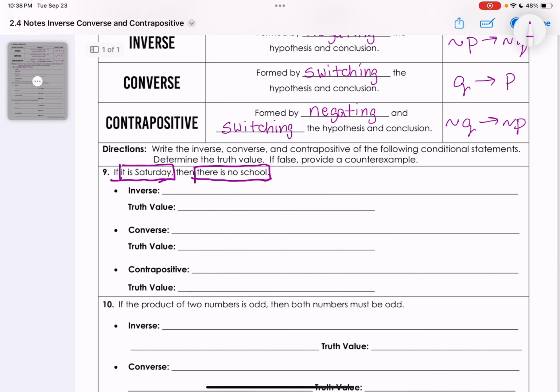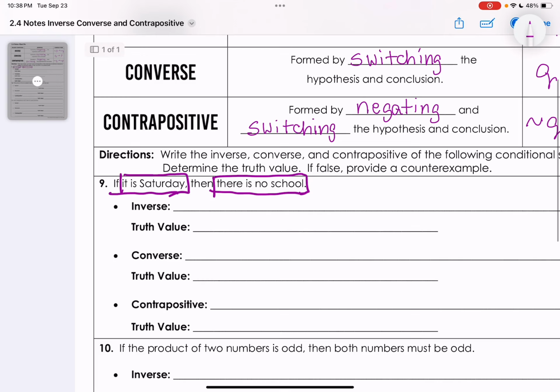So the inverse of this is saying, because the inverse is not P, then not Q: if it is not Saturday, then there is school.